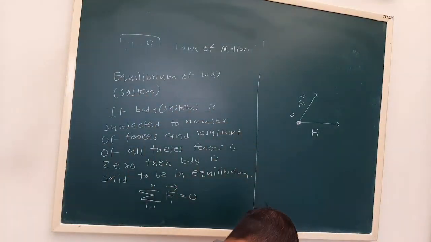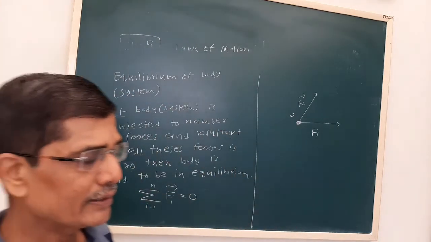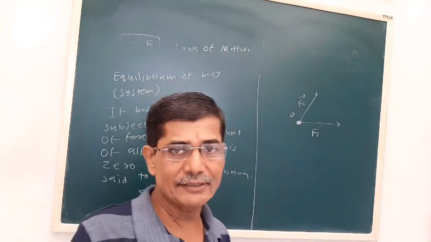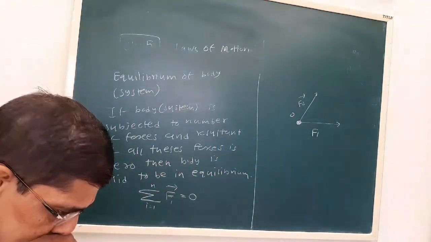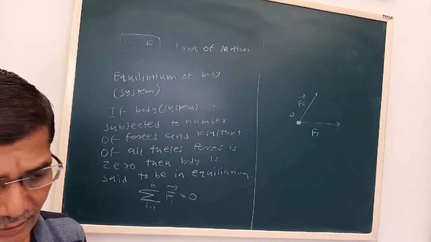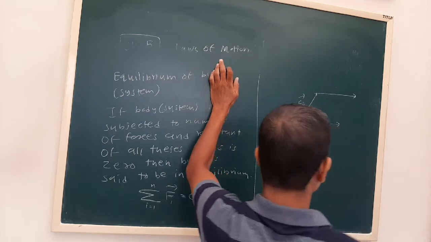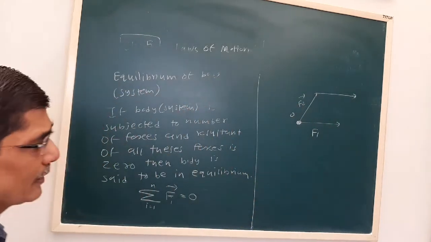As I told earlier, when more than one force acts on a body, we have to find the resultant. We have seen a number of methods for solving vectors, and one we can use quickly here is the parallelogram method. Let us find the resultant of these two forces by the parallelogram method.